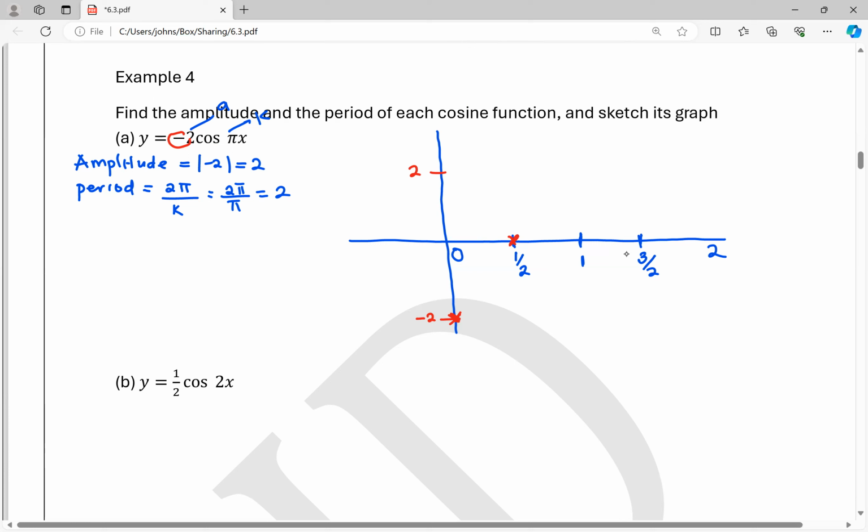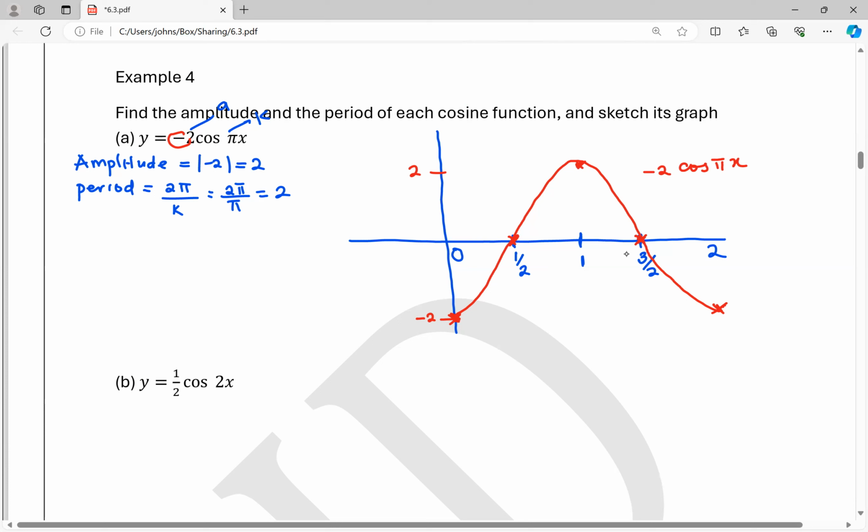Then when you go, remember we're going to the right, we're going this way. So now we have to go to the maximum. Then we have to come down here. Then finally we are back to the minimum value. So it's going to be like this, and then like this. So this is the graph of minus 2 cosine pi x.